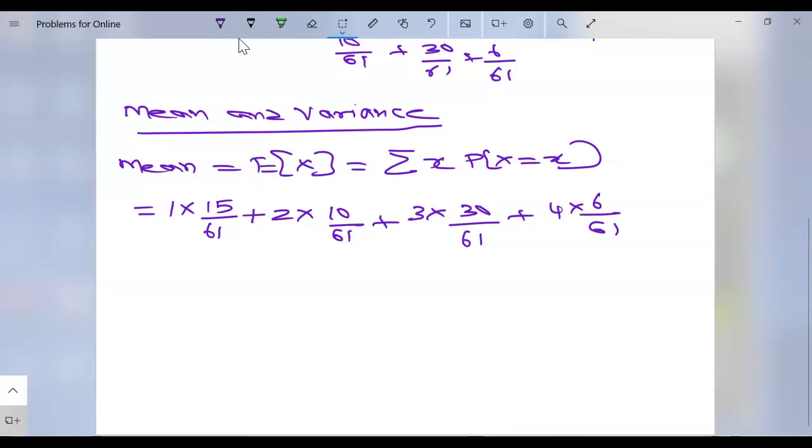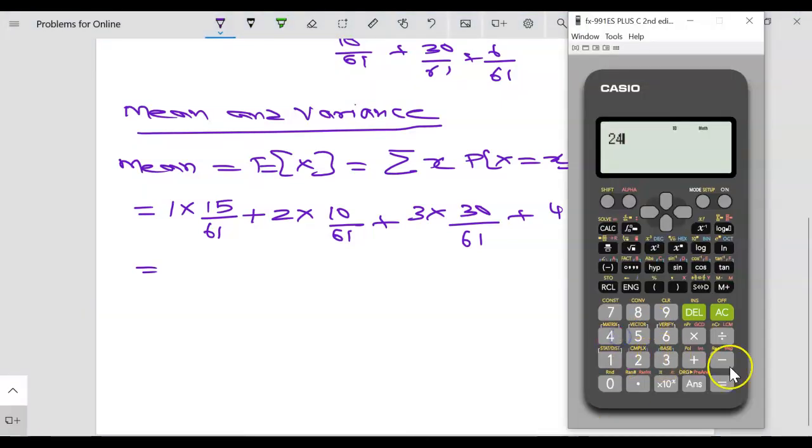So what does it mean? This is equal to, let me write, 15 by 61, plus 20, plus 90, plus 24. I will use the calculator.